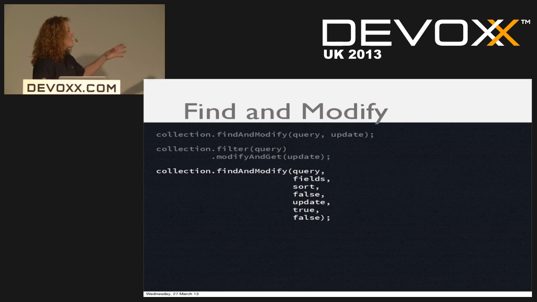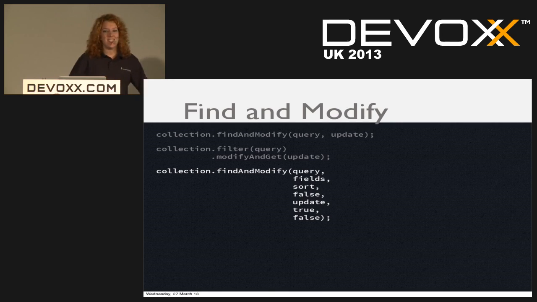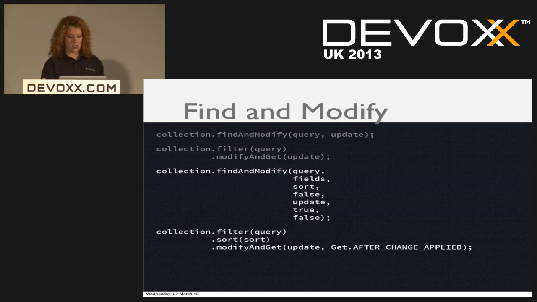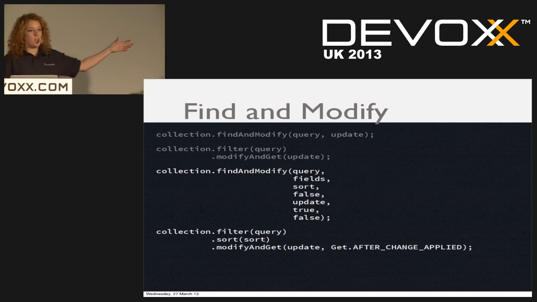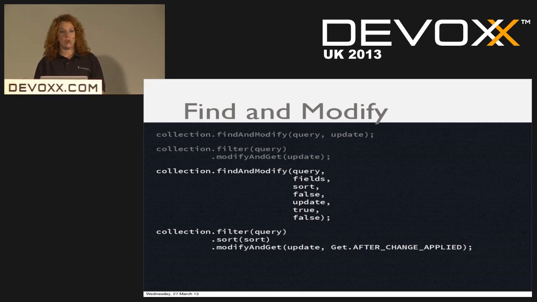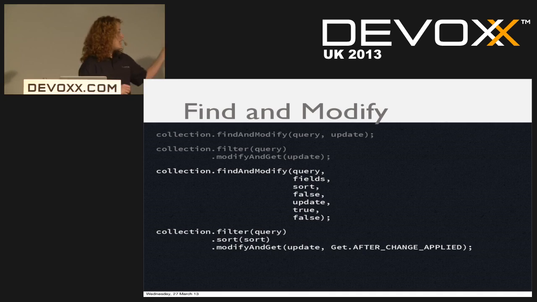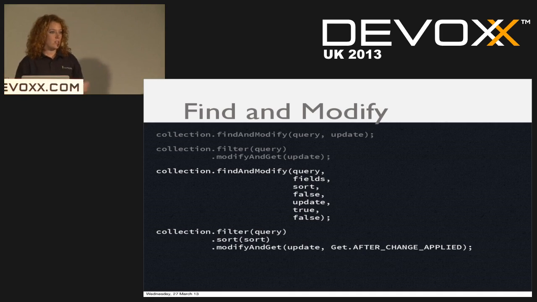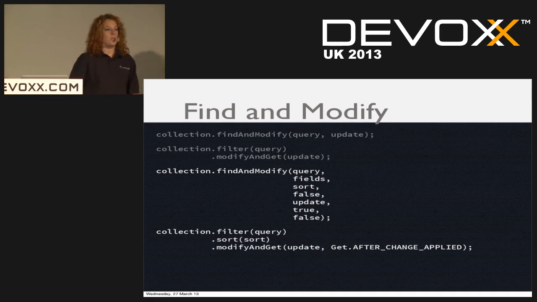And that doesn't say to me, in a sentence, in a descriptive and consistent and intuitive way, what I am doing. So what we'd like to do instead is say, filter by this, sort by this, then do a modify and get with your update, but give some sort of English language description of what you're trying to do. So get after the change was applied, or get from before the change was applied.